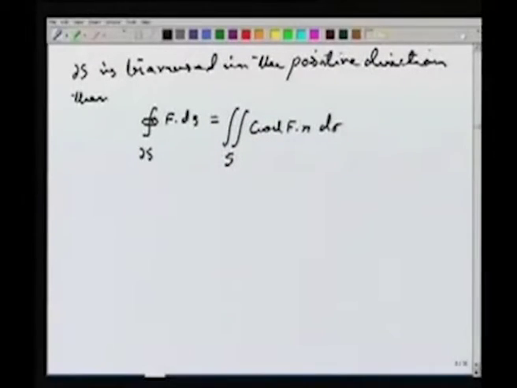There, this double integral over S was actually a double integral over D, where D was a region in the xy plane, and the area of integration was just dx dy, and the role of n was played by the outward normal k that was towards the z axis in the positive direction.